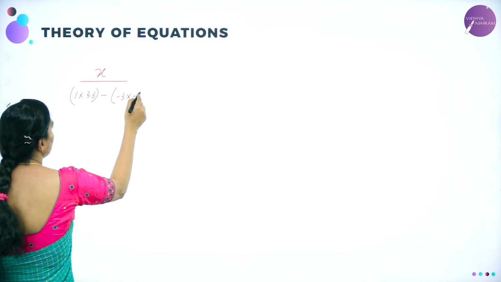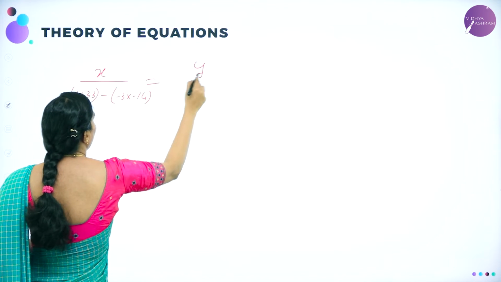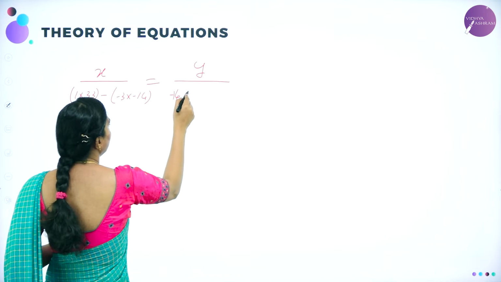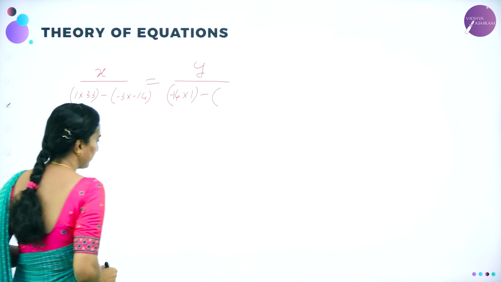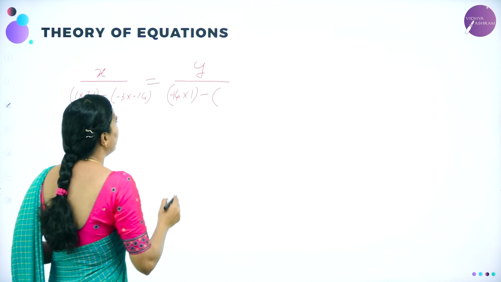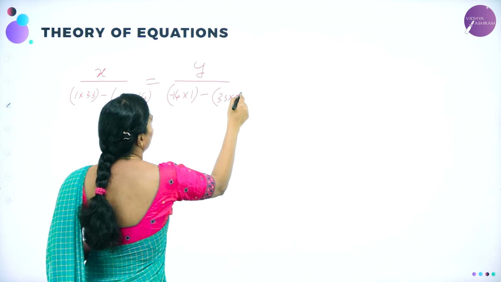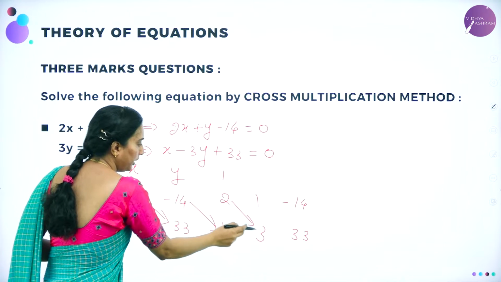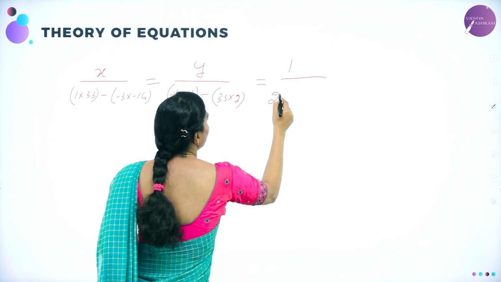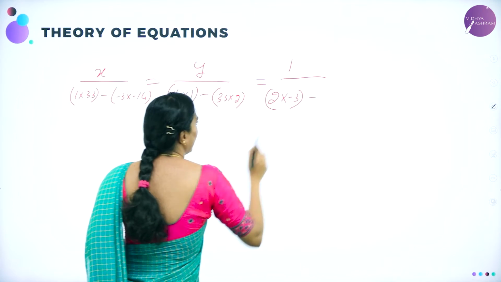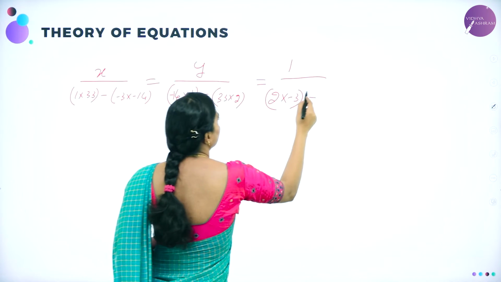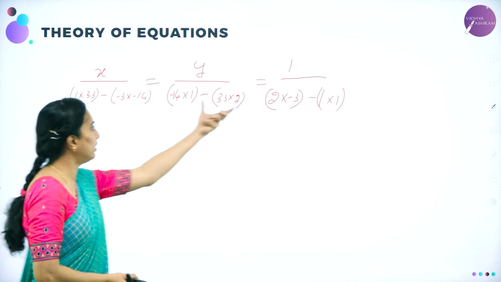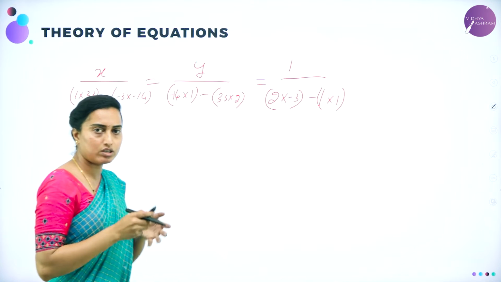Minus 3 into minus 14 is equal to y divided by minus 14 into 1 minus 33 into 2, which is equal to 1 divided by 2 into minus 3 minus 1 into 1. Understood? Now, equating these, that is called cross multiplication.